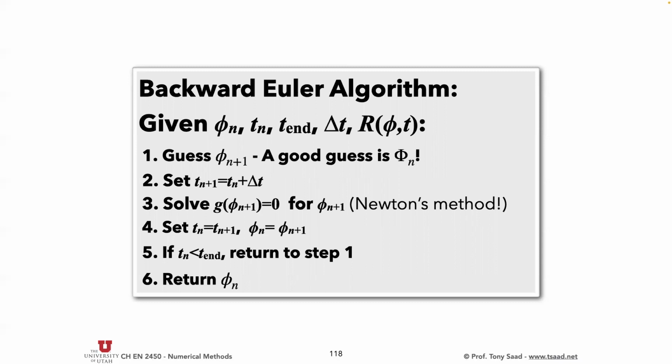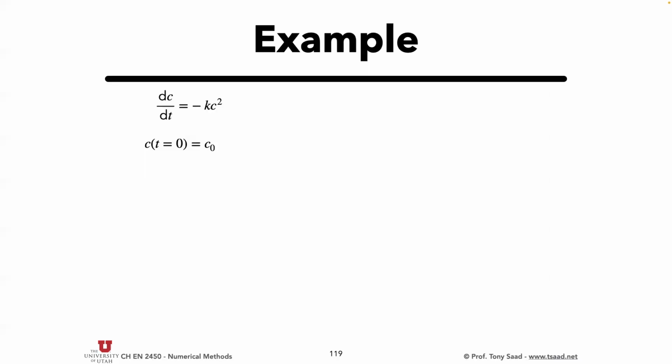Essentially, you follow the same procedure as for the forward Euler method, except that once you want to solve for phi n+1, you have to call fsolve, or the bisection method, or whatever algorithm you've implemented, just to get phi n+1.